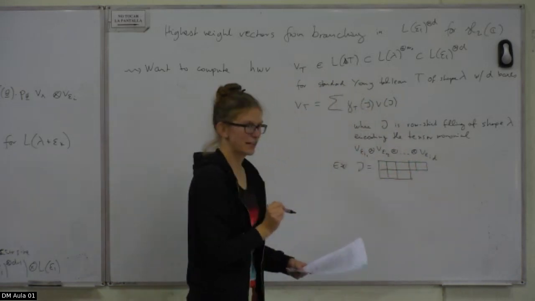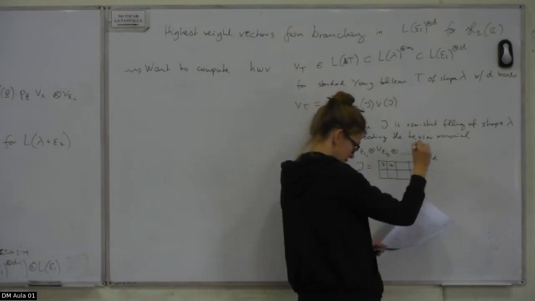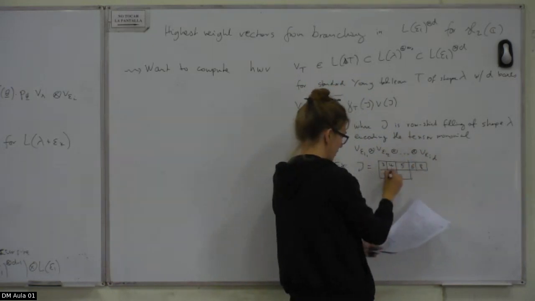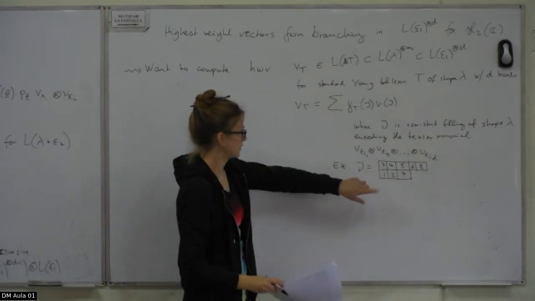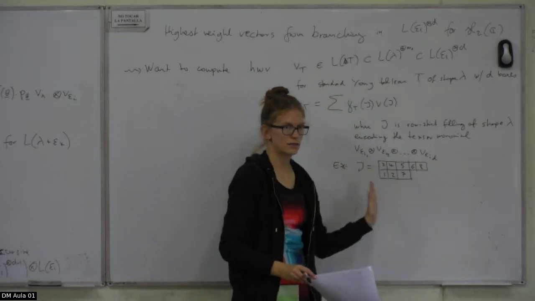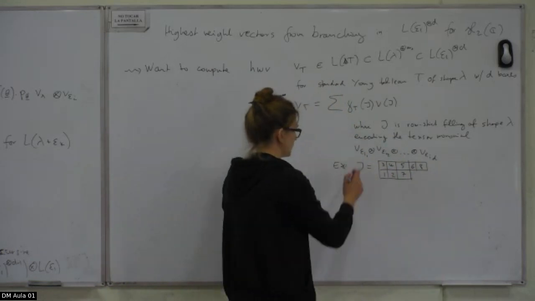Let's say that's the shape, and now I have a prepared little example where that would be the row strict filling. So it's not standard anymore because it's not column strict. Yeah, but I just keep everything here in descending order.